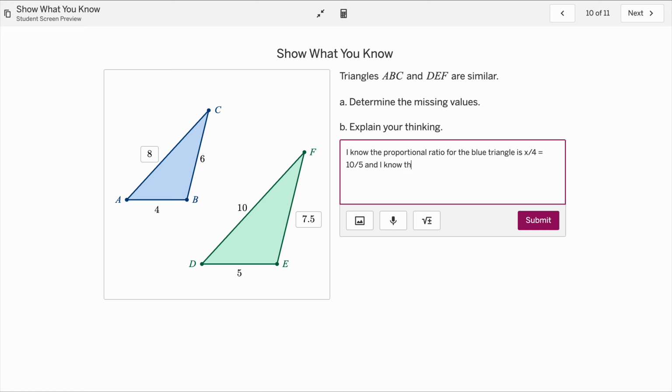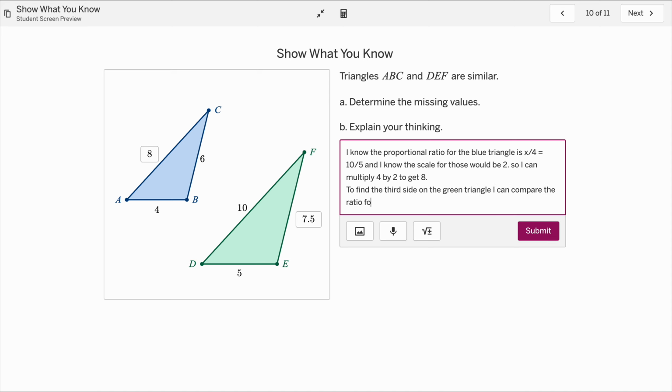And I know the scale for those would be 2. So I can multiply 4 by 2 to get 8. To find the third side on the green triangle, I can compare the ratio of 4 to 6, which is going to be equal to 5 to x.